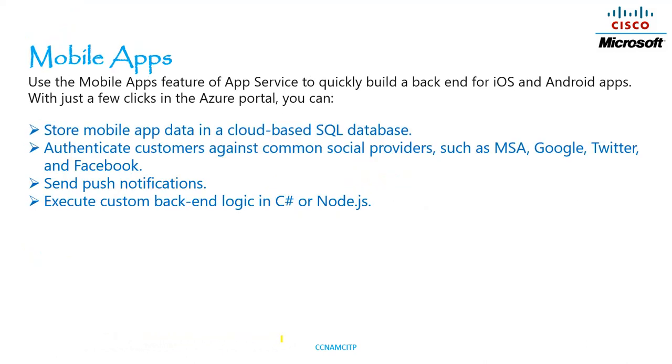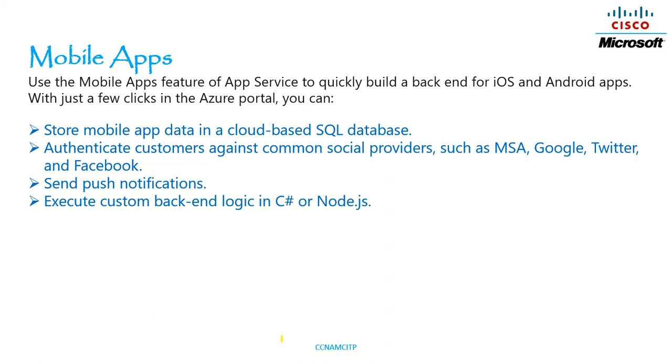Okay guys, and the next one is the fourth one, mobile apps. Use the mobile apps feature of app service to quickly build a backend for iOS and Android apps with just a few clicks in the Azure portal.